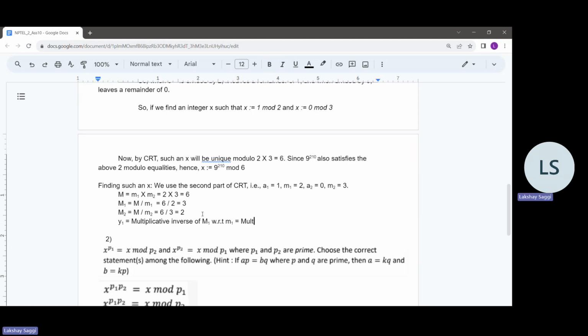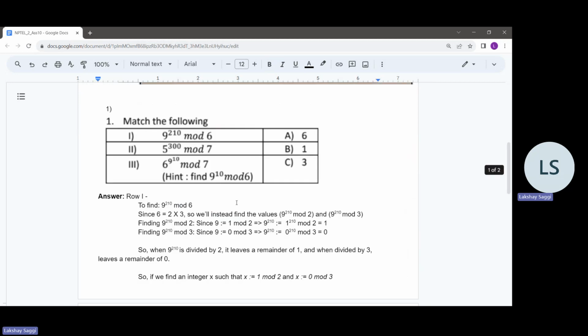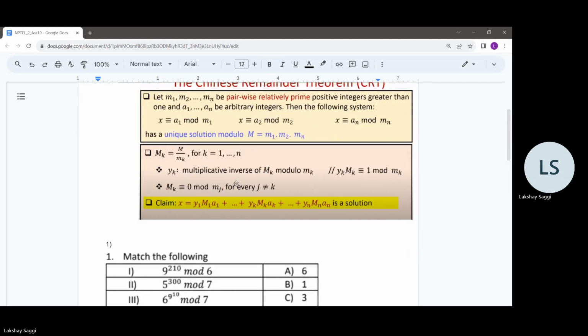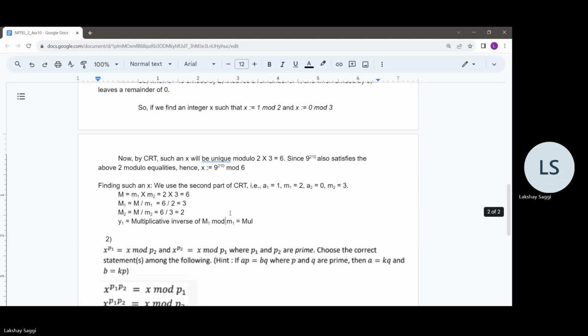So y1 is the multiplicative inverse of capital M1 modulo small m1.